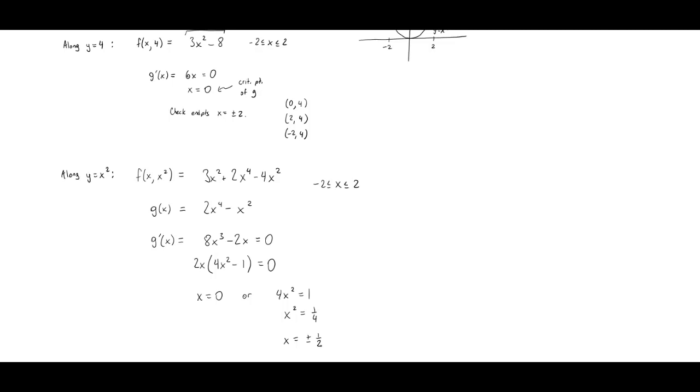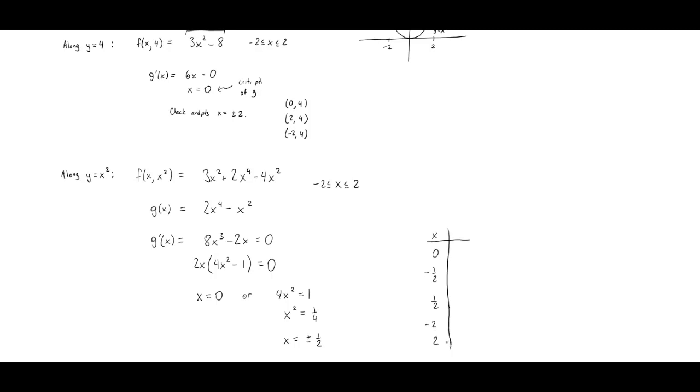Okay, so I have all these points that I just found for x: 0, minus 1/2, 1/2. Again, technically, when you're doing this part, you want to check the endpoints of your interval as well, so I'll just throw in minus 2 and 2.